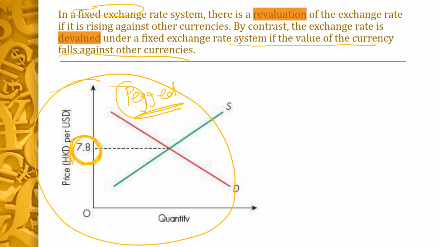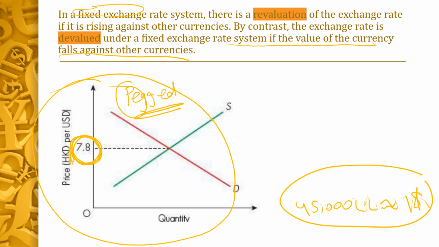For example, right now there is a deep economic problem occurring in Lebanon, where the black market exchange rate of the Lebanese lira against the dollar is today 45,000 Lebanese lira to $1. Now, this is an insane rate.